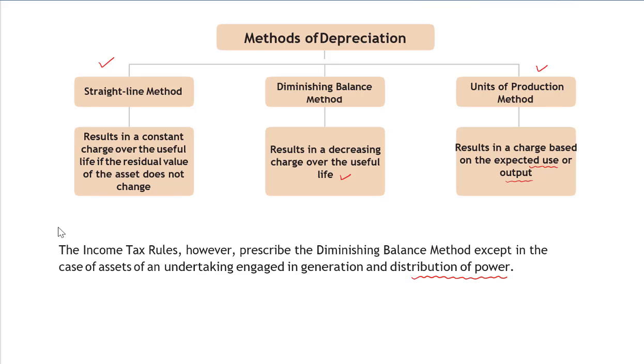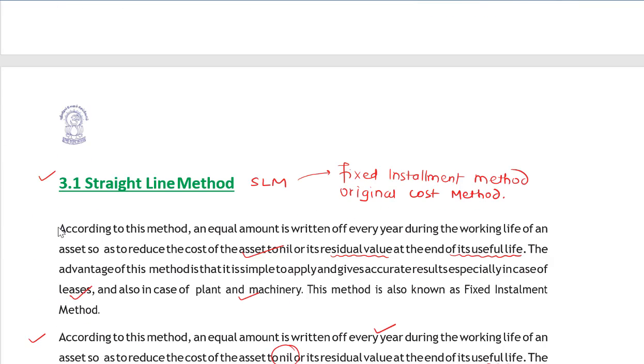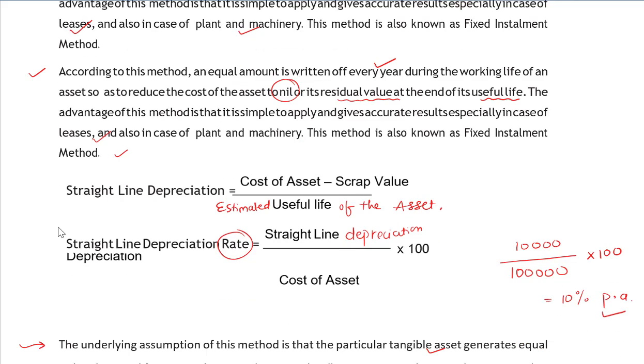So this was lecture number 3. We learned that the straight line method of depreciation is there, along with the diminishing balance method and unit of production method. We started with the first method, the original cost method or straight line method or fixed installment method. We learned its formula: the cost of the asset minus scrap value, that is the residual value, divided by the estimated useful life of the asset.